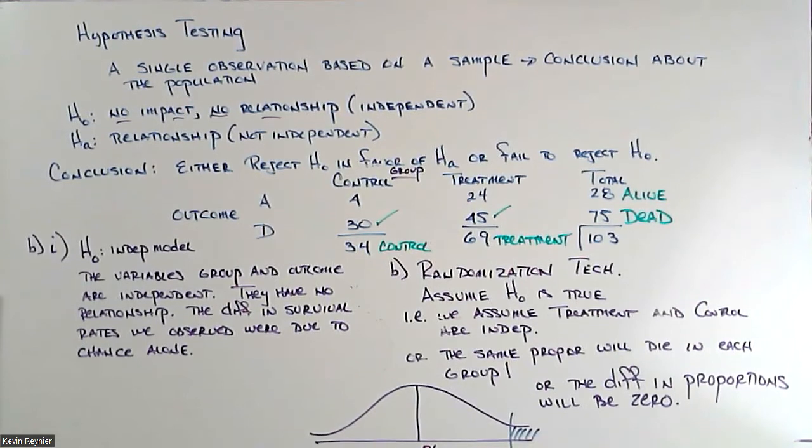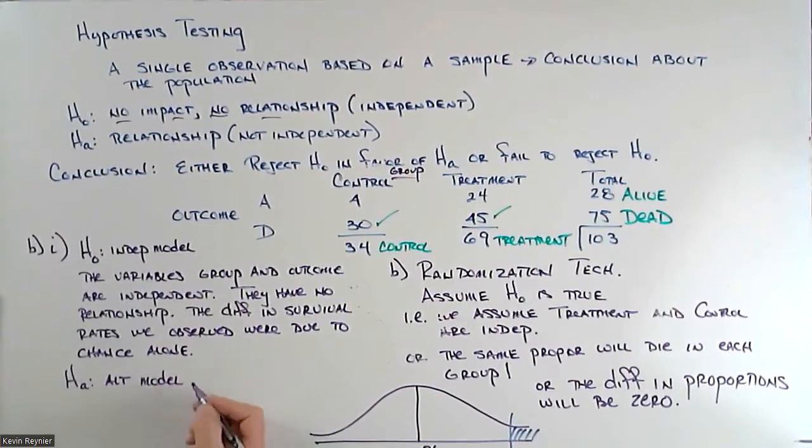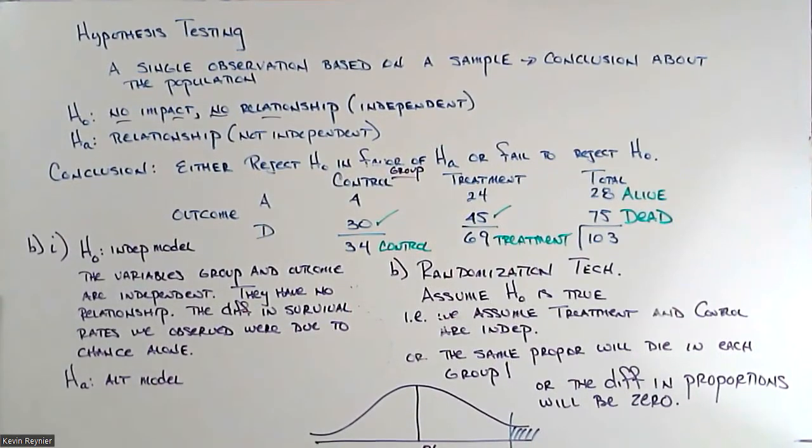And then the alternative hypothesis, H sub A, the alternative model, that's the phrase our book uses, is that the variables group and outcome are not independent. And I understand you want to just write here, it's the opposite of this. You can't do that. Statistics is not like that. We write and we write and we write.